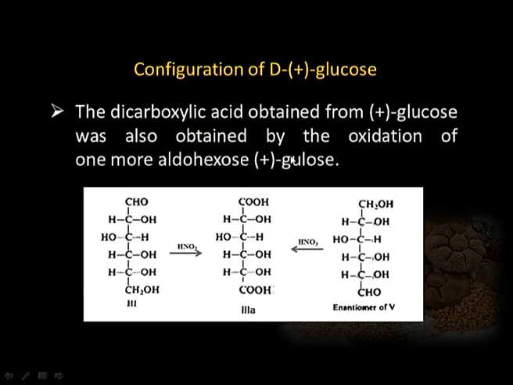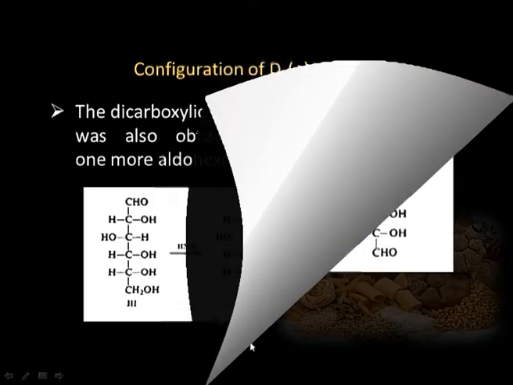Now, when the structures for all these 8 that we have written earlier are compared, we find that the similar acid can be obtained from the enantiomer of 5. The structure written at 5, when we take its mirror image, on oxidation would give the same dicarboxylic acid which is obtained from plus glucose.